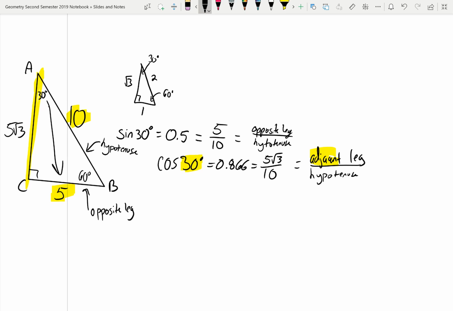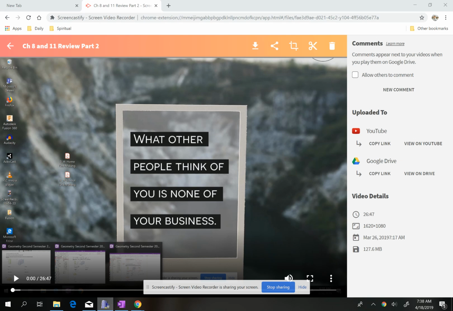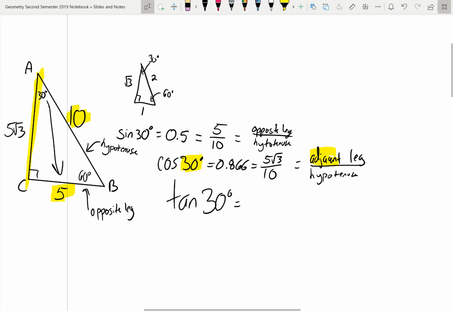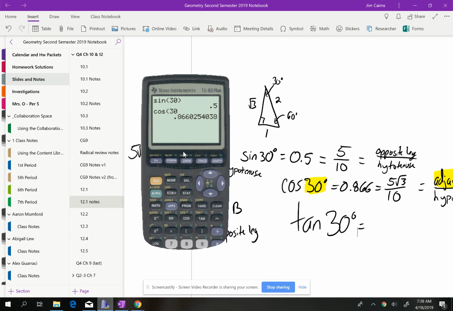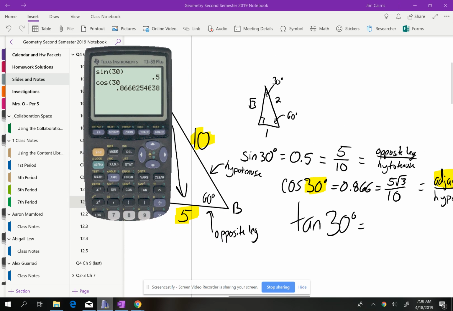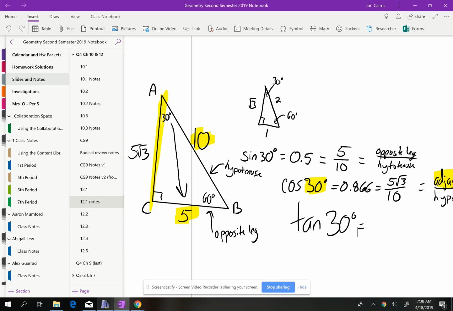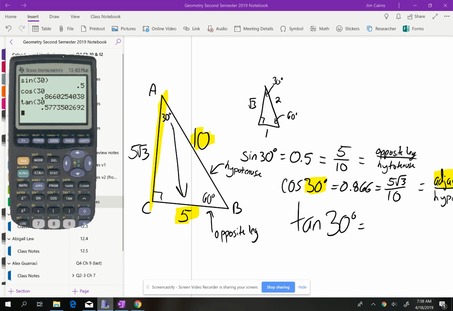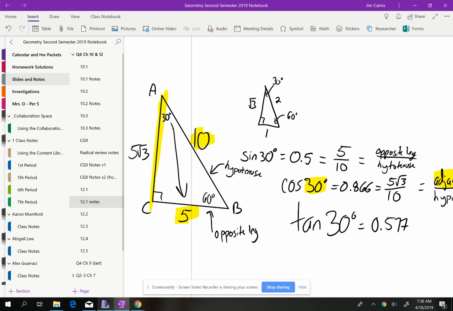The last ratio that we have is tangent. So tan of 30 degrees. And when we calculate that, we get 0.577.